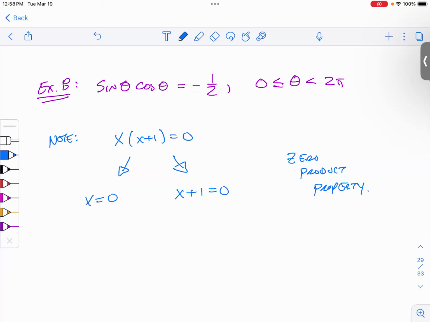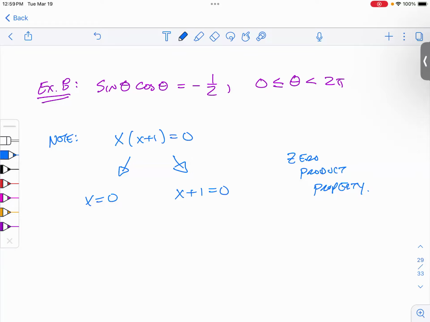The reason this works is that 0 divided by anything is 0. We can break anything that you can get into factored form, with everything being multiplied, into individual equations, only if the other side is equal to 0.